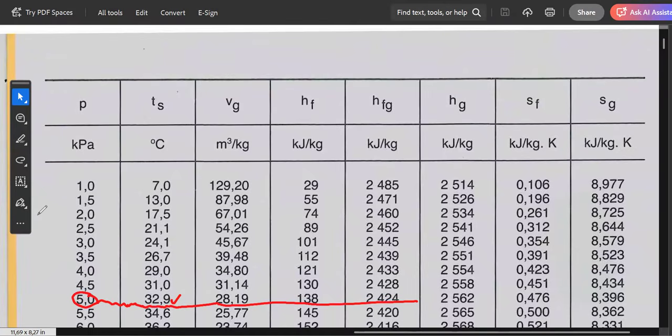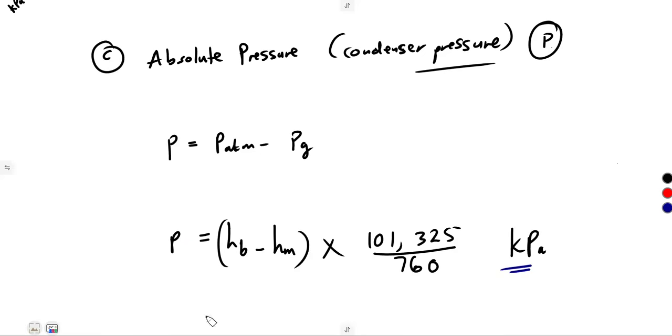So when you're working with the steam table, you see the importance. You must be able to know everything in that row that is representing the 5. Not to say we are going to use that information, but just understanding that those are the values that correspond to what you are given.